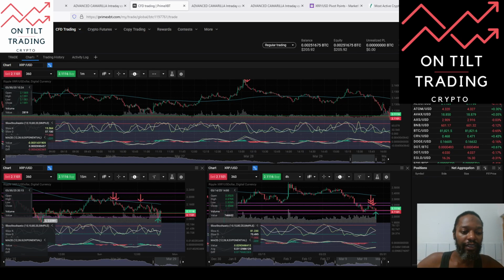And even though I missed this particular add up here, this gave me another opportunity. I took it here, which was a bit late. Probably could have taken it a candle or maybe two above, but I was late to catch the price action.